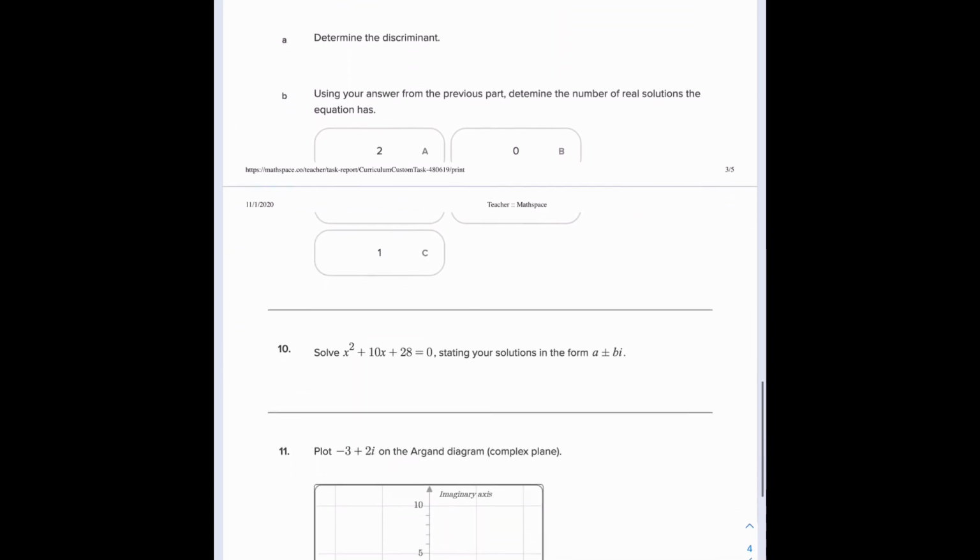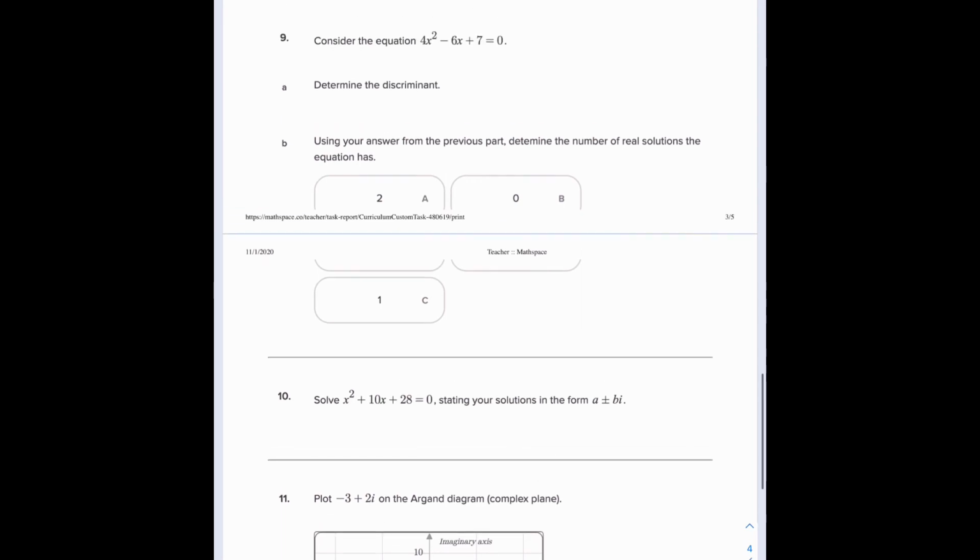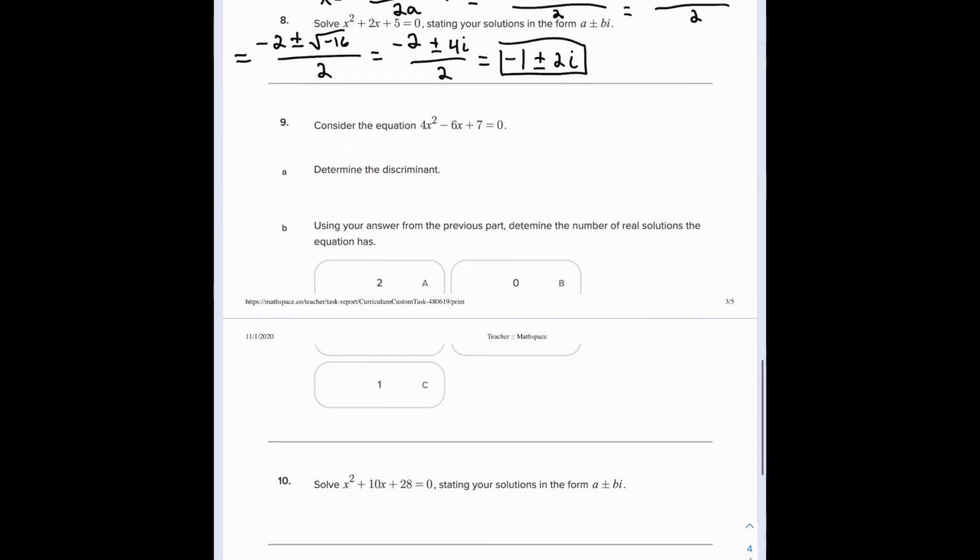Okay, number 9. We want to determine the discriminant, and the discriminant is b squared minus 4ac. So the discriminant is negative 6 squared minus 4 times 4 times 7. What's 4 times 4 times 7? That's 16 times 7.